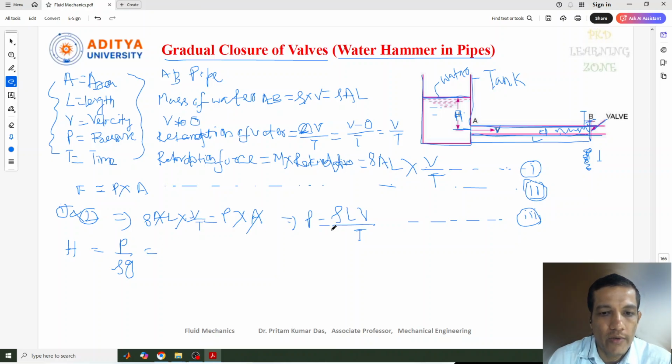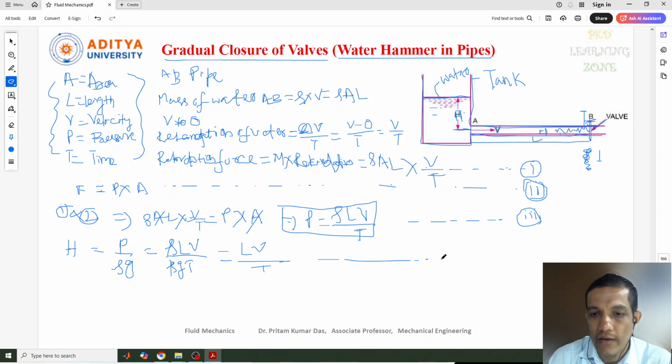Now we got P in terms of rho LV by T. Just put this value here. So we can write rho LV by T divided by rho g. Let us write it first, then cancel it. Finally, rho can be cancelled and we get H equals LV by gT.